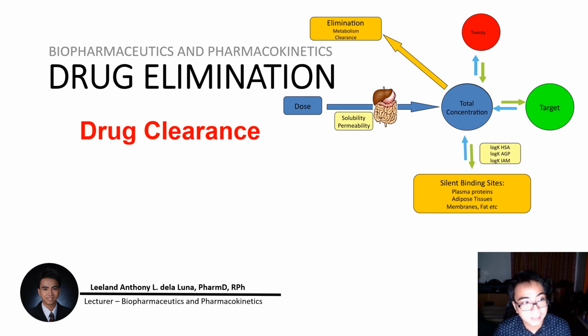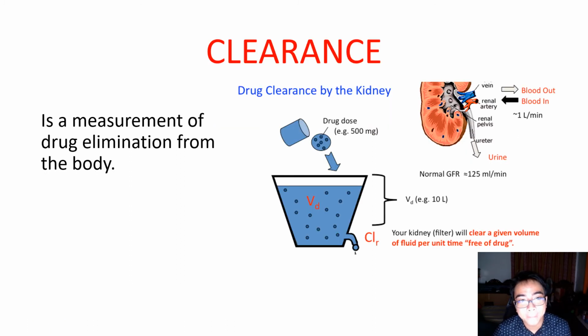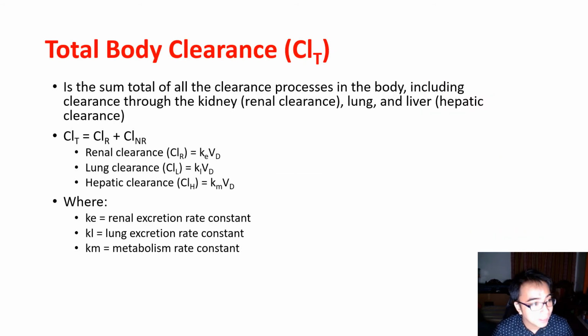Now, let's talk about class drug clearance. Okay? When we talk about clearance, class, we're simply talking about a measurement of drug elimination from the body. So, how much of the drug is being cleared from the body? So, the total body clearance, class, is the sum total of all clearance processes in the body, including clearance through the kidneys, okay, lungs, and liver.